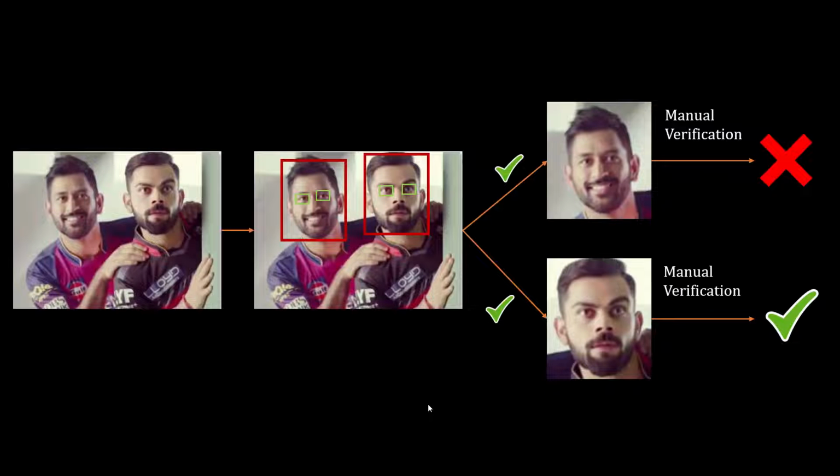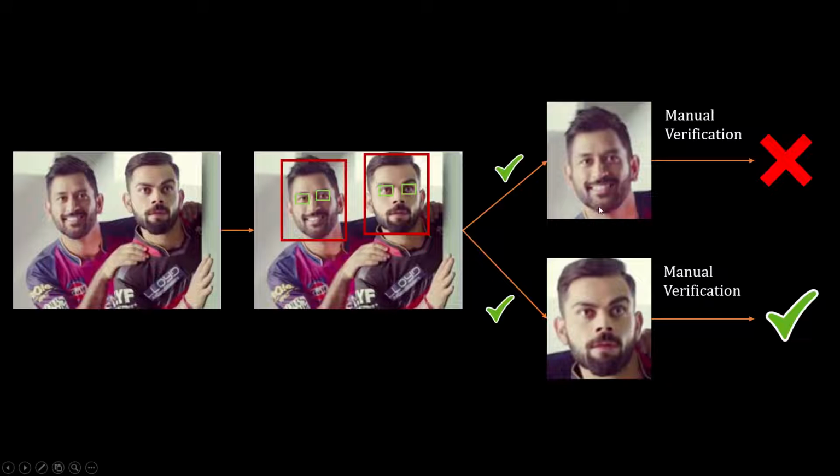In this photo, there are two faces. So first we'll detect those two faces, and using OpenCV, you cannot say that this is Virat Kohli versus this is Dhoni. OpenCV can only tell you that there are two people, and here are the regions where they have their faces and two eyes visible.